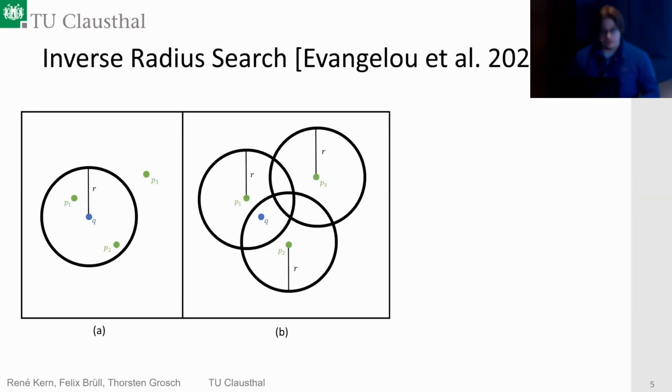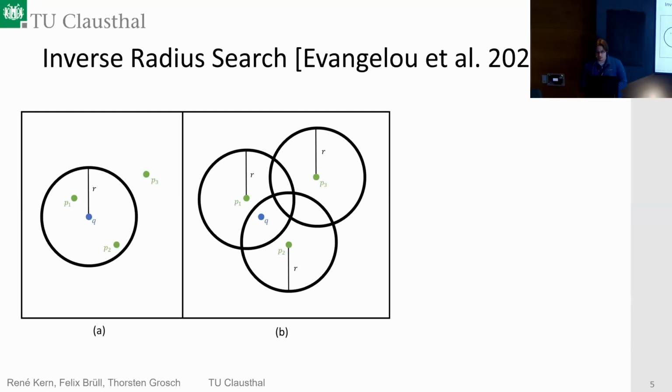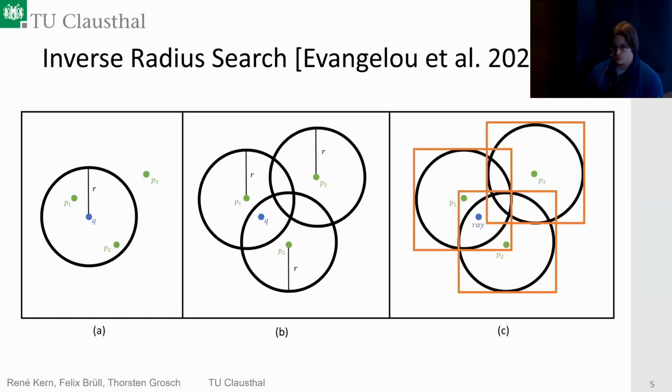Now for inverse radius mapping, this is inverted. The radius is mapped to each point, and our query will now collect all points where it's inside the sphere. To imagine it in 3D, our points can be imagined like real 3D spheres, and our query is just some point in world space, and we want to collect all spheres. We can exploit the ray tracing framework by using these spheres as real geometry in an acceleration structure, and our query is now a very small ray.